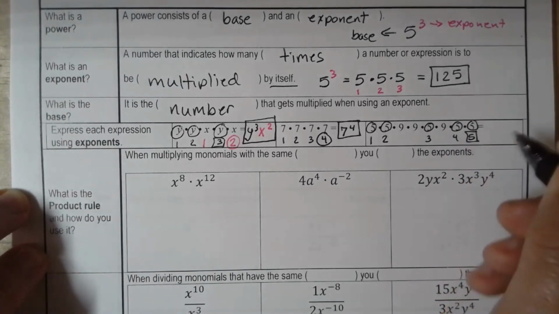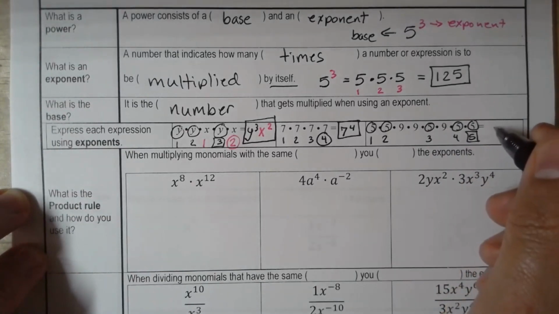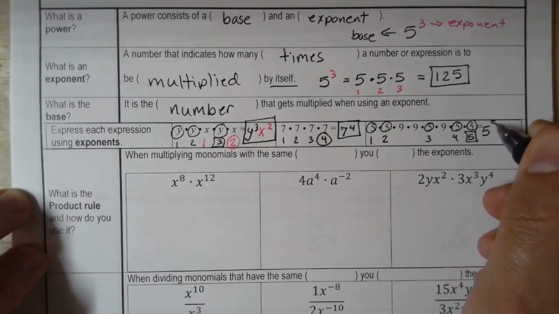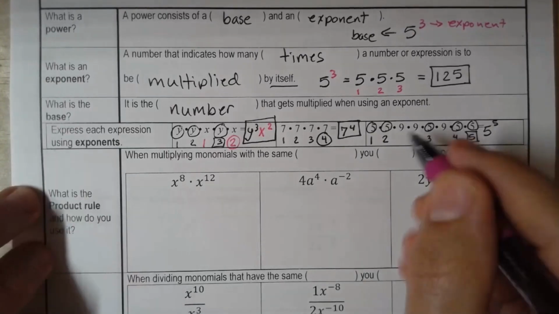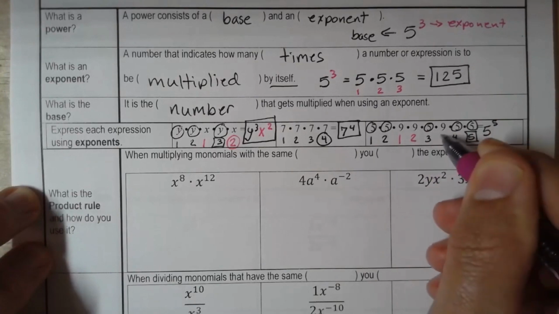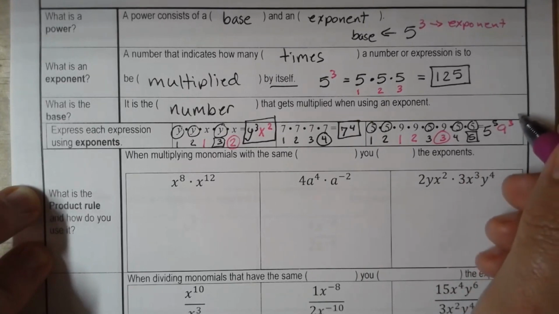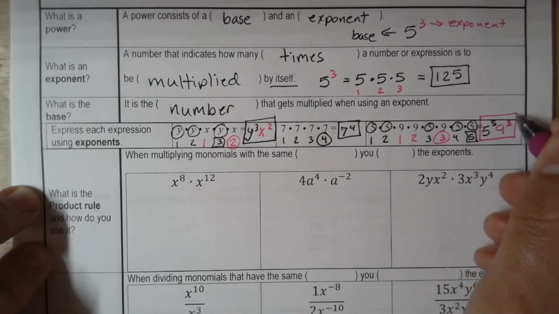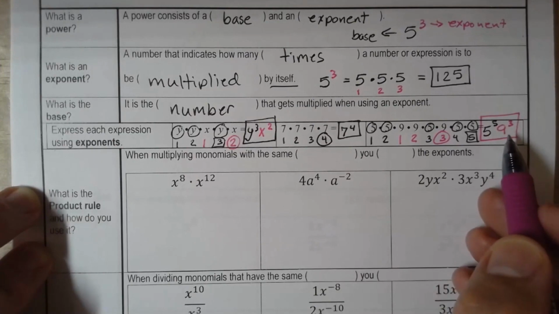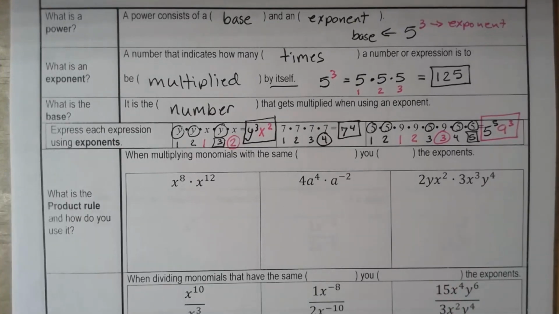So we actually have 5 5s. So we would have 5 to the 5th power. And when it comes to 9, we have 1, 2, 3 9s. So that would be times 9 to the 3rd power. And that would be our final answer. So we've just taken that and written it as an exponent. Put my multiplication sign in between.